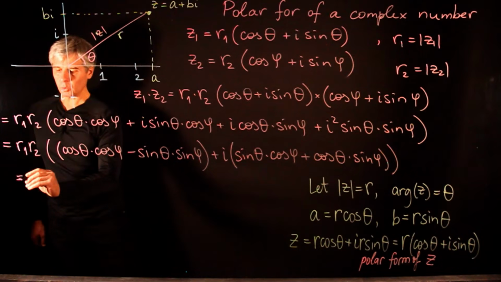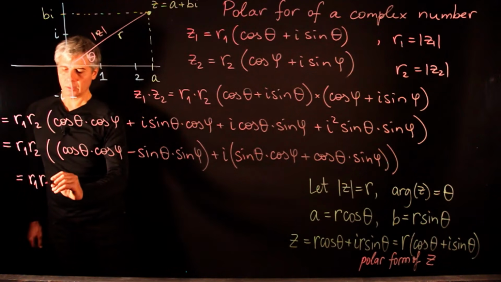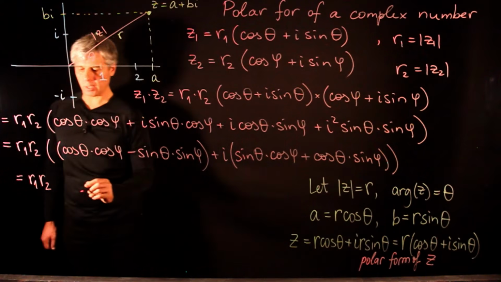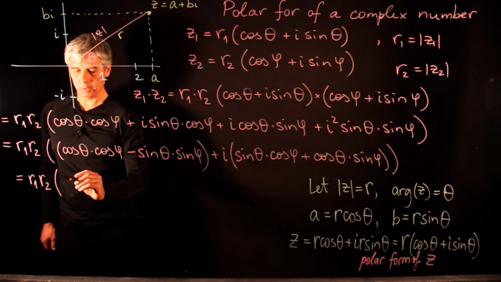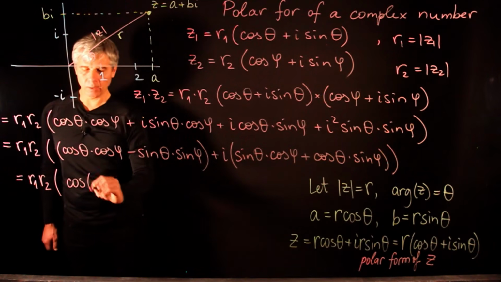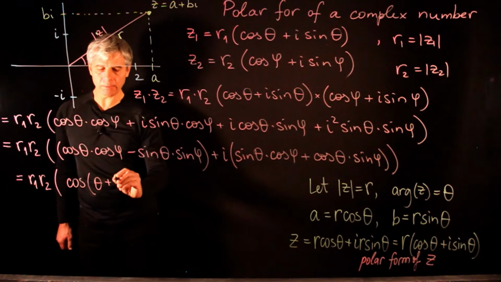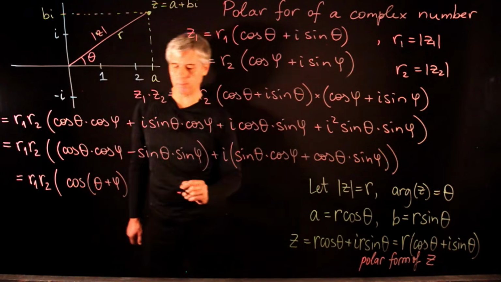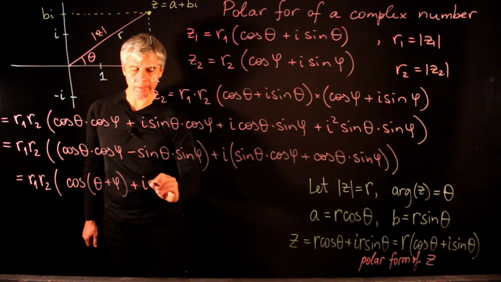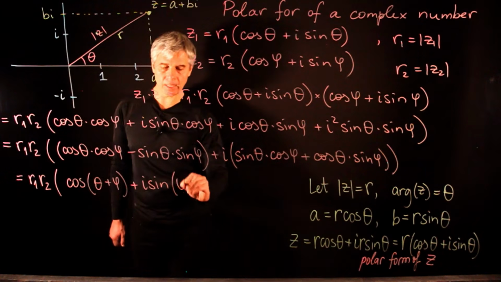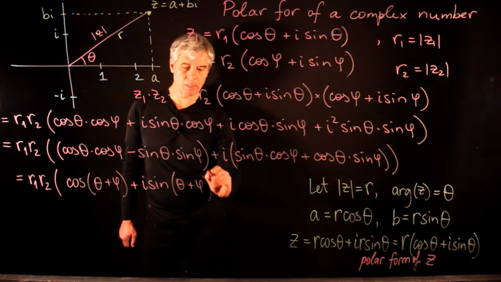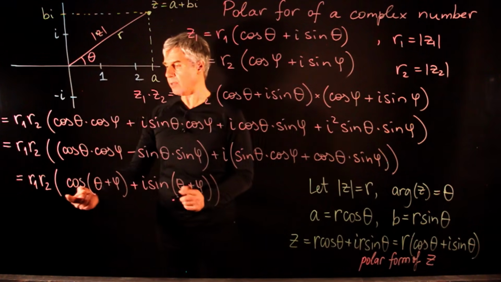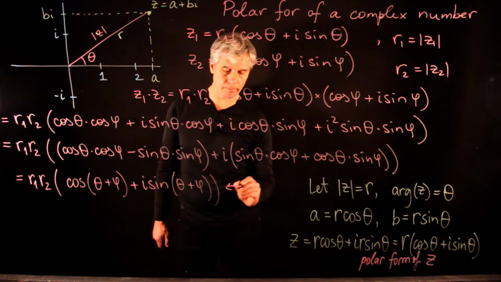And now it's time to use our trig identities. So we see that this is the formula for the cosine of the sum. So we get cosine of theta plus phi, and this is the sine of the sum, plus i times sine of theta plus phi. And what we get is another complex number in the polar form.